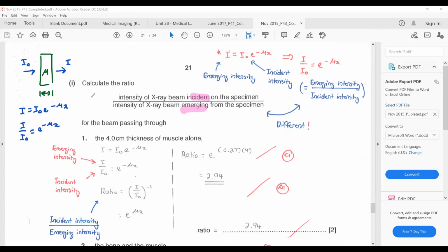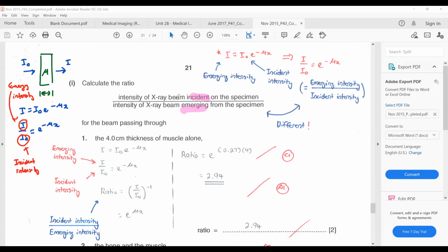So this one here you would have identified as the incident intensity, and this one as the emerging intensity, right? This would be given by this.